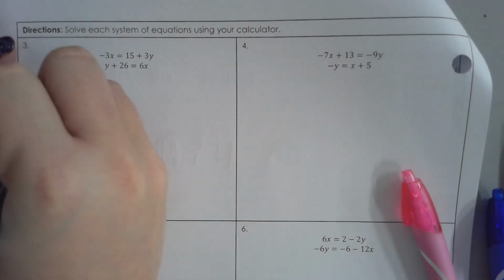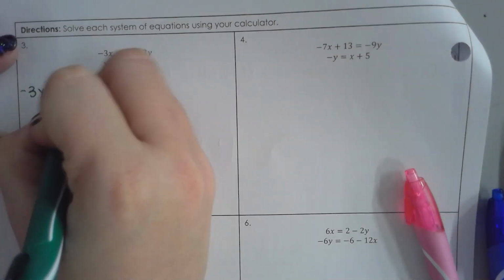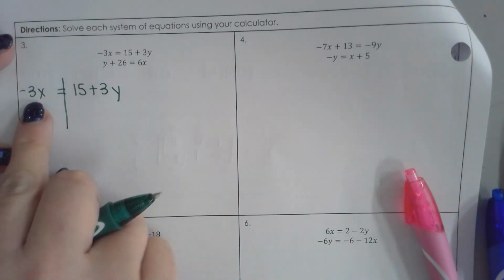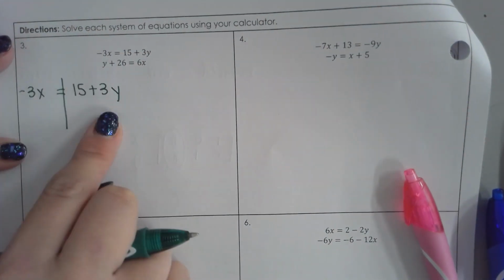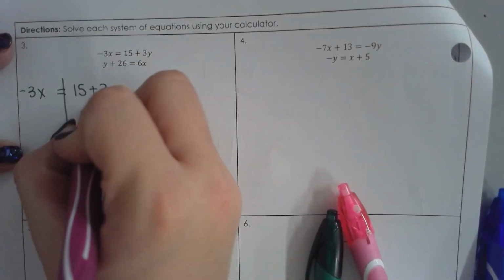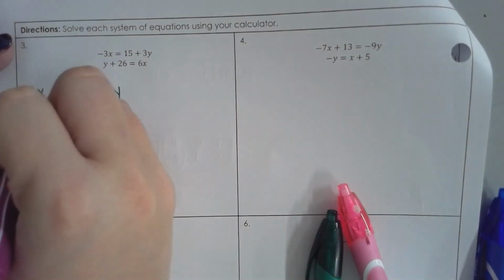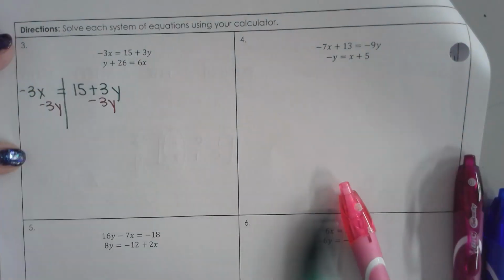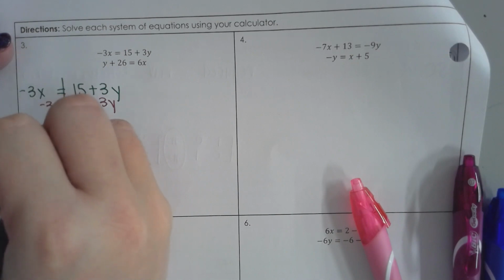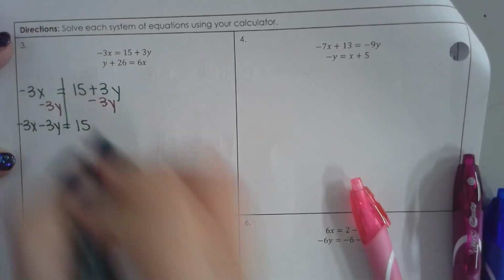So negative 3x equals 15 plus 3y. The x is on the left, the 15 is in the right spot, it's only the y that I need to move. So negative 3x minus 3y equals 15.